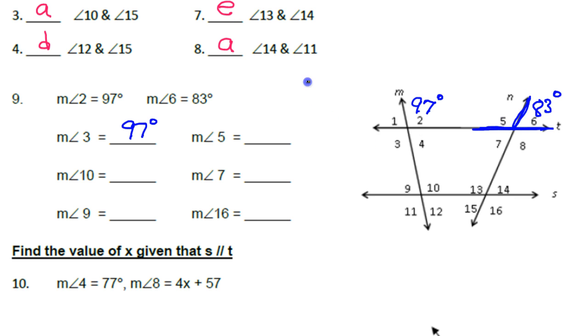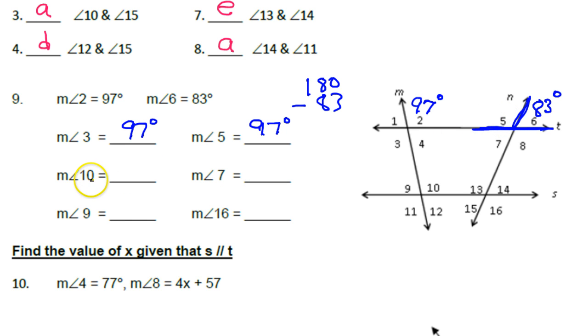All I have to do is 180 minus 83, since they have to add up to 180. 180 minus 80 is 100, minus 3 more is 97. So this will be 97 degrees. Interesting. Maybe I should write some of these down.